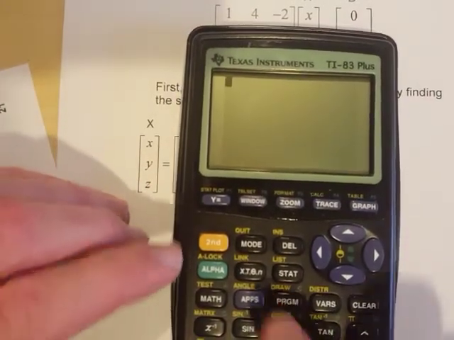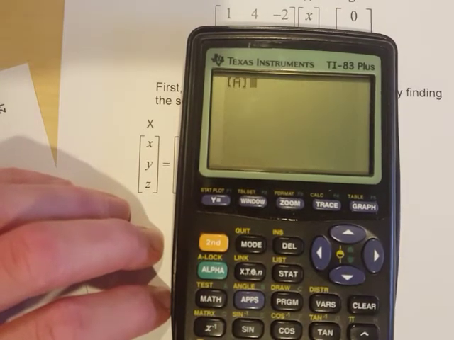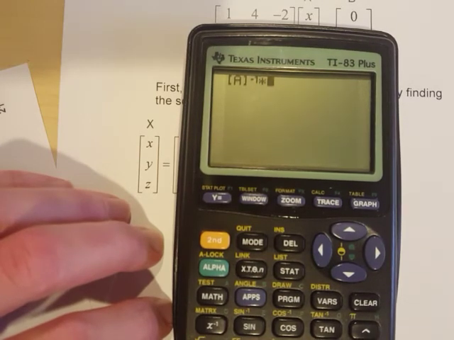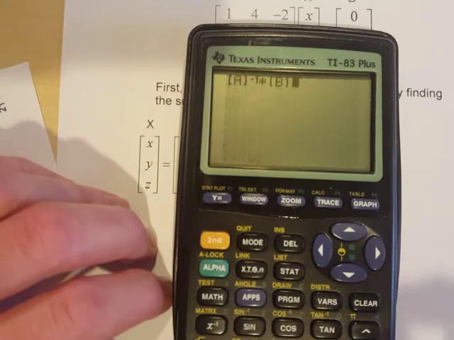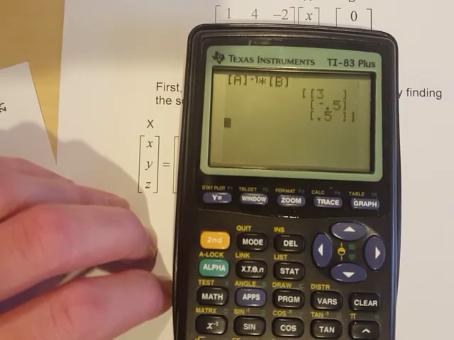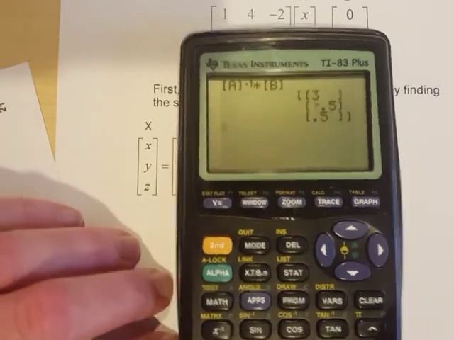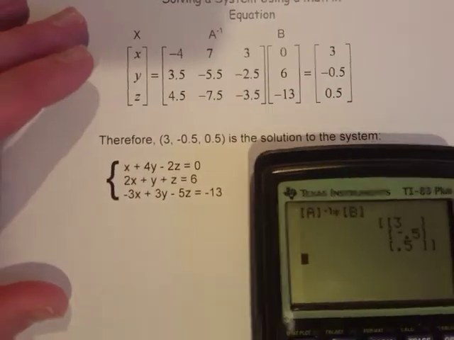Well, if I do that on the calculator, if I just go to second matrix and I type A, I'm just going to go A inverse and then multiply it by, back to the matrix, B. This should be my solution. It looks like we get 3, negative 0.5, and 0.5. All right, so that's what I also had here.